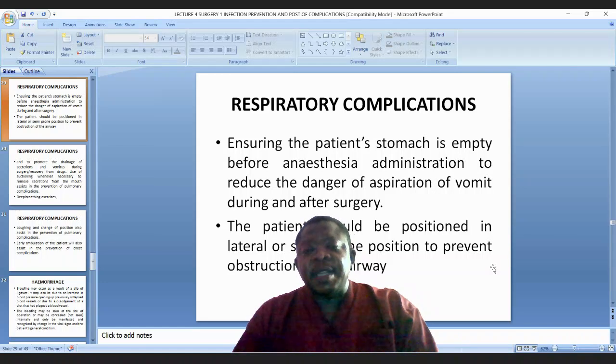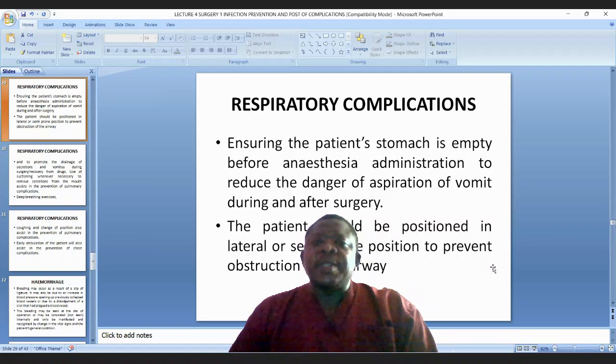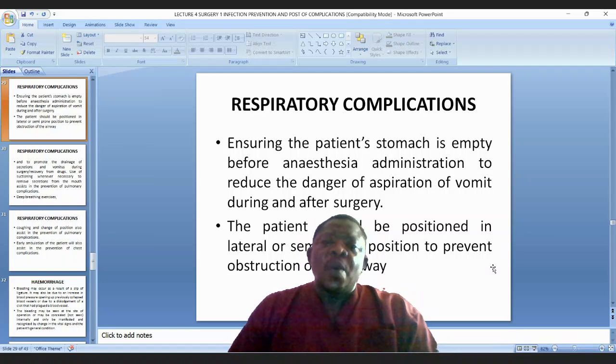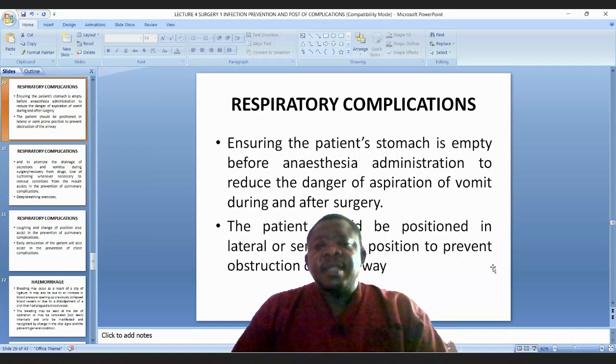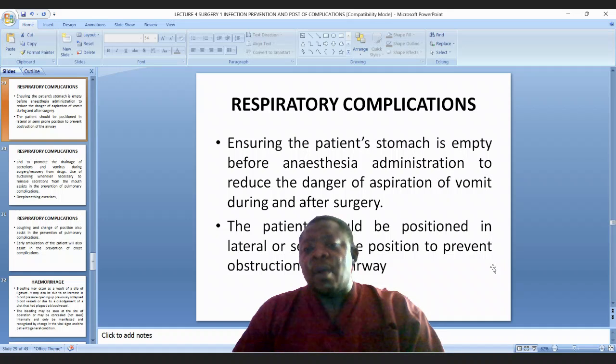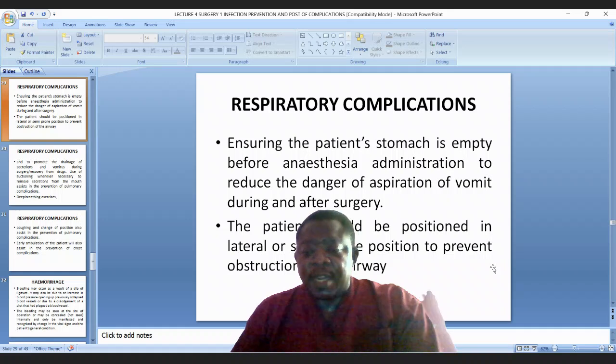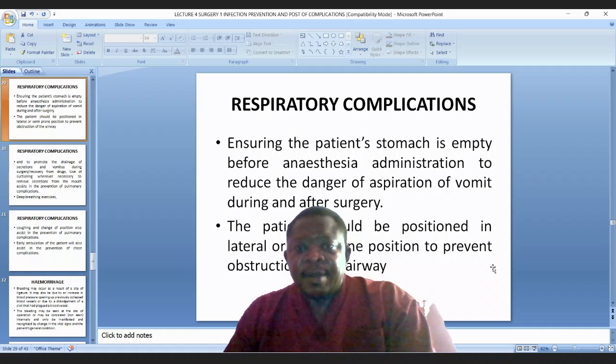The patient should be positioned in lateral or semi-prone position as you collect them from theater. This is to prevent obstruction of airway. This is to promote drainage. Okay, as patients come from theater, make them lie this way in the immediate postoperative care.